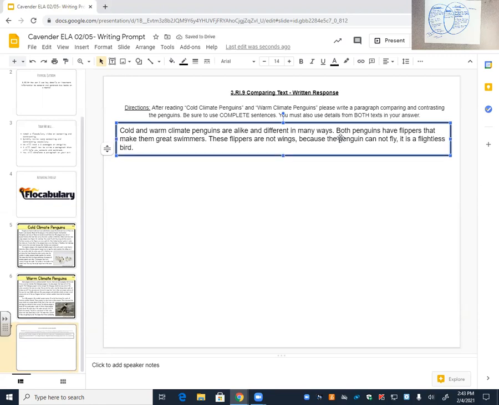All right, so now I've told how they are the same. And now I can start telling how they are different. I'm going to start with the warm penguin because this is the one that I have the most things for. So the warm climate penguin can be found in New Zealand and Australia.